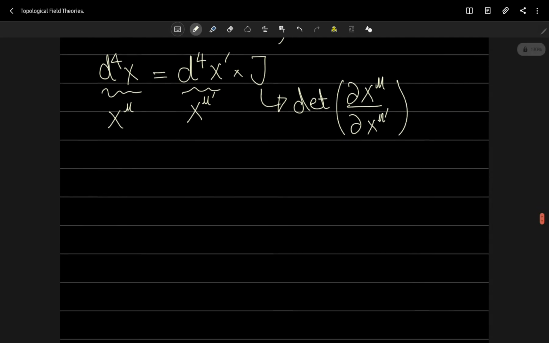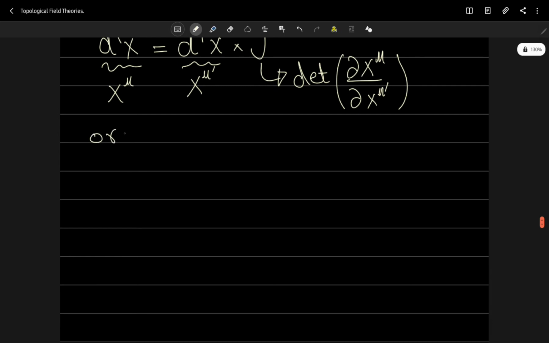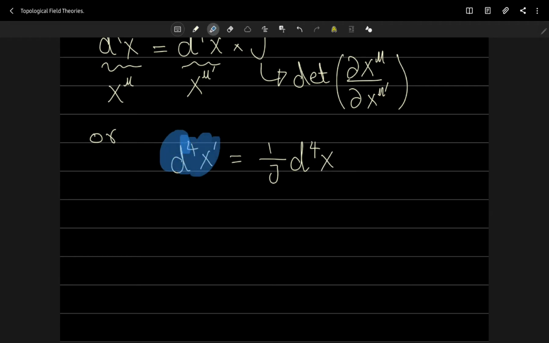Now you could also write this as d4x prime is equal to 1 over j d4x, right?